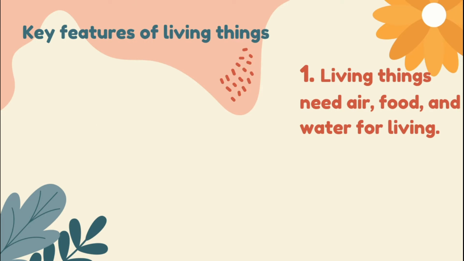The first one, living things need air, food, and water for living. As you might experience, I think you are experiencing these key features, because we need to have air, food, and water for our living. We need these things to grow and to live.